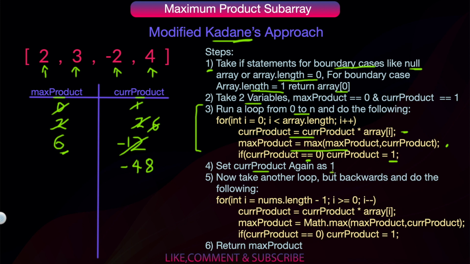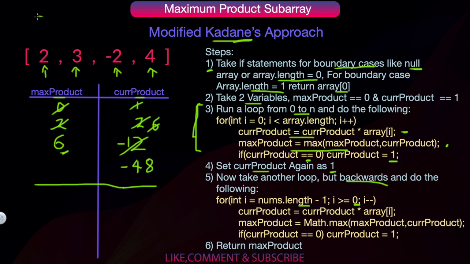Now we'll set current product again as 1 because we want to traverse the array again but in the backwards direction, from nums.length minus 1 to 0.